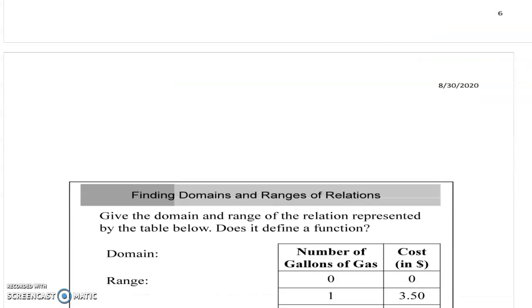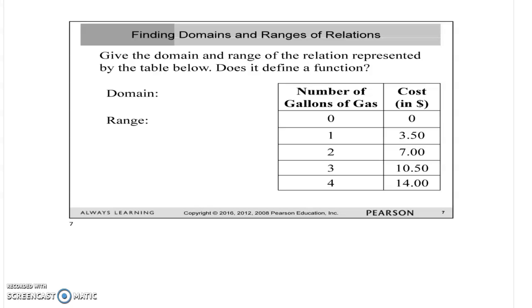Okay, let's get the next slide here. Okay, so let's look at a table. Again, these are our x values, these are our y. So what is our domain? It's 0, 1. It contains all the x values.